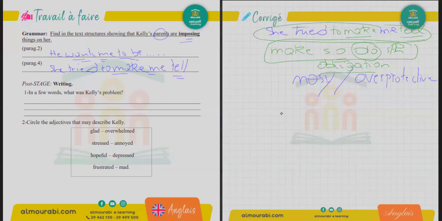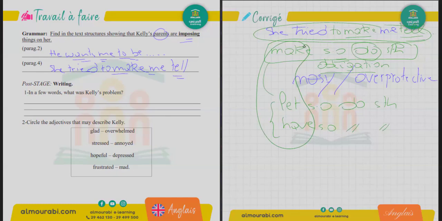Make, and also pay attention, let: let someone do something. Make or let, also have someone do something. So make, let and have are followed by the base verb: do something.